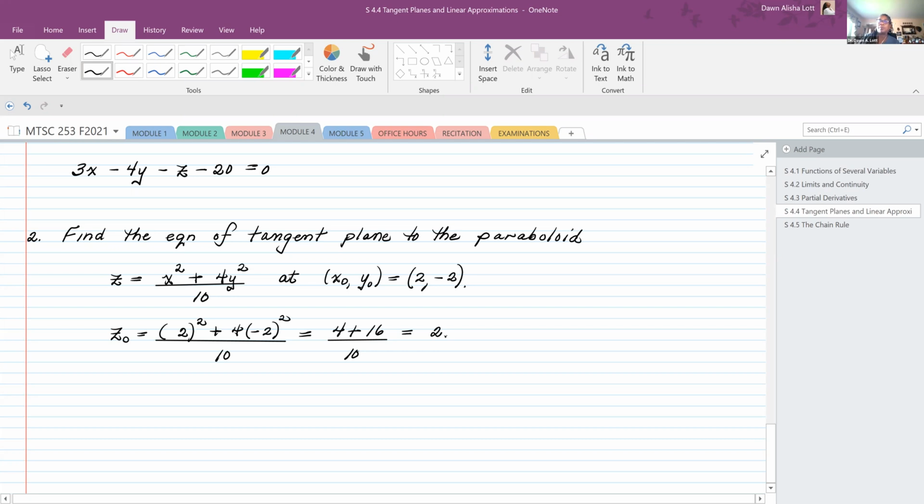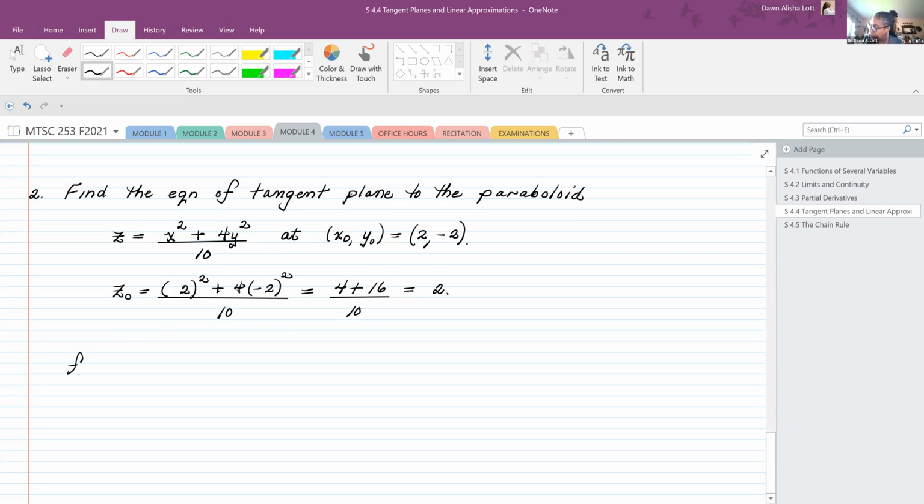So that's 2. Okay. So now f sub x is going to bring 2 over 10 x, which is 1 over 5 x. And then f sub y is going to be 8 over 10 y, which is equal to 4/5 y.